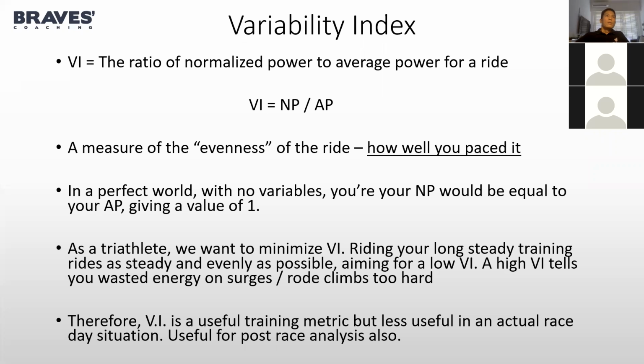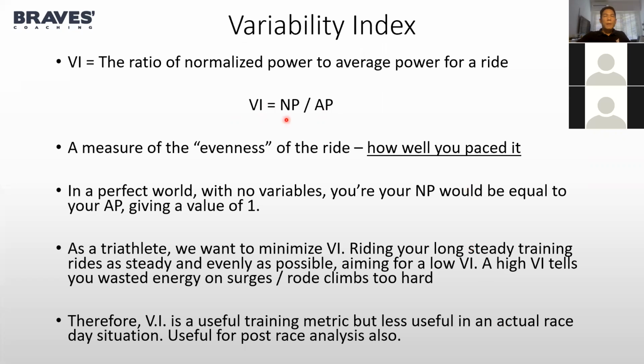Okay, so the variability index is the ratio of normalized power to average power for a ride. So it's a measure of the evenness of the ride or how well you pace it. So you can see here, and this might be the only use of average power that is useful, is to calculate VI, all right?